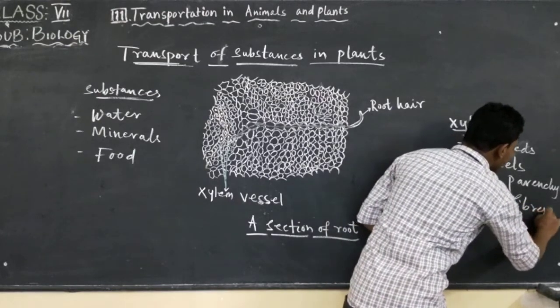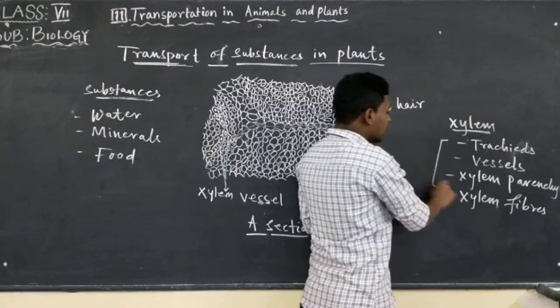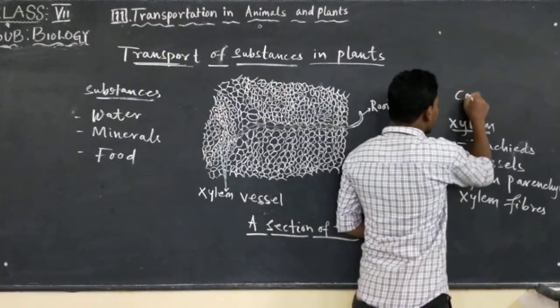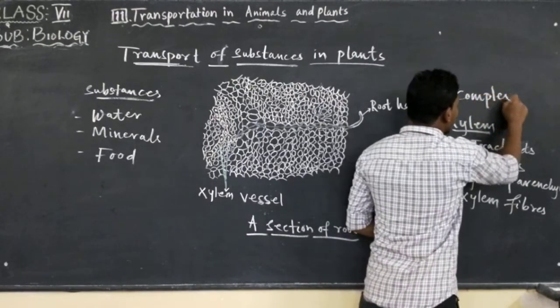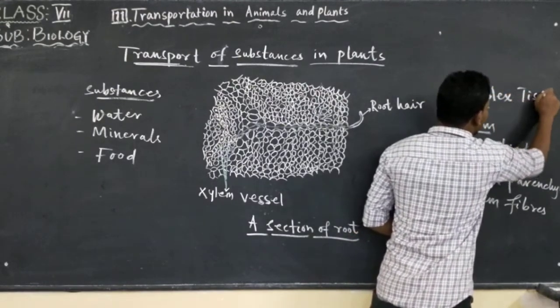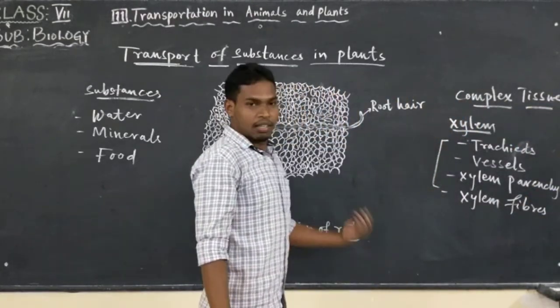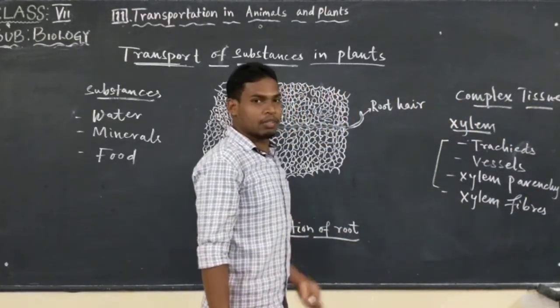Since this xylem tissue contains four types of cells, it is known as complex tissue. Its function is to conduct water from the ground to upper parts of the plant.